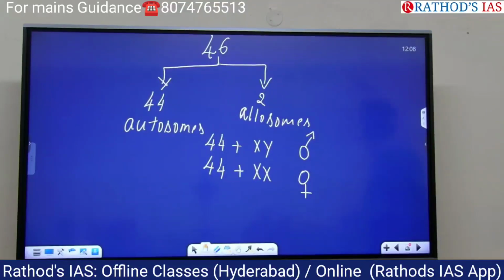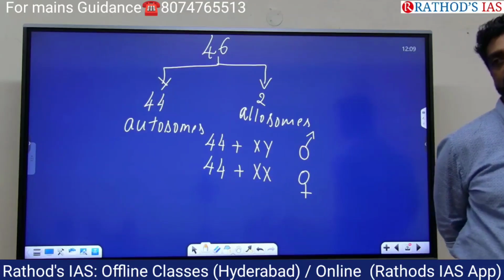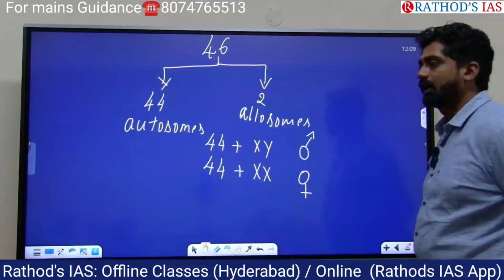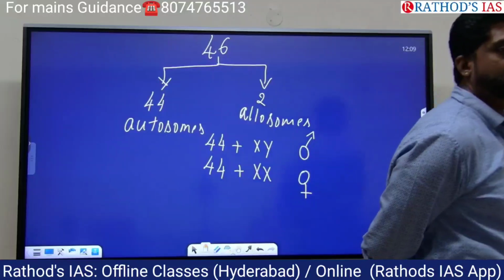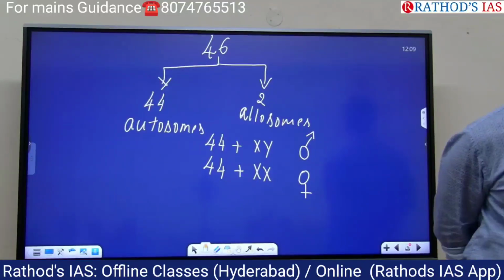So this is the male symbol with the arrow, and there is the female symbol with the plus mark. Actually, there is a hypothesis about these symbols also. Once upon a time, in olden days, when human beings were hunters, usually the male used to go for hunting.